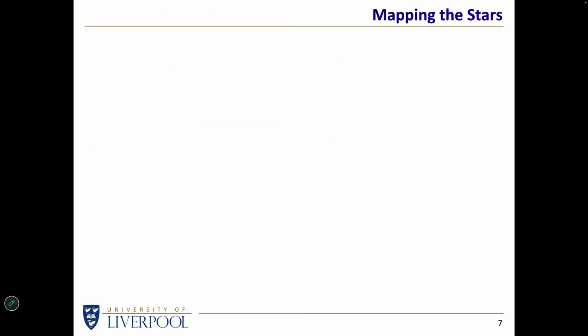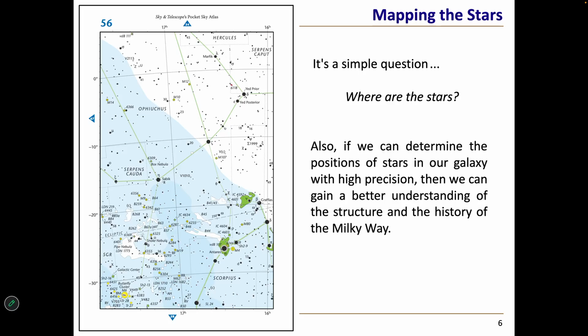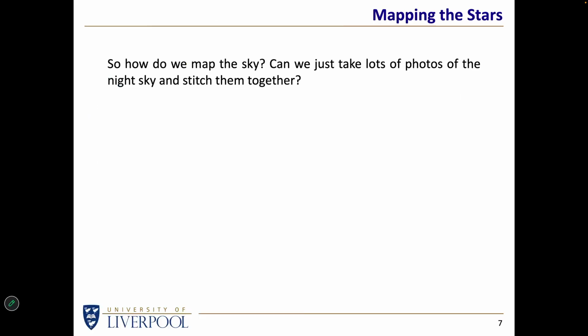We really want to map the stars because if we can do so accurately, then we can get a pretty good idea of how the Milky Way is put together, both where things are and the dynamics of how stars are moving, as well as the history, the evolution of how the Milky Way ended up looking the way it does.